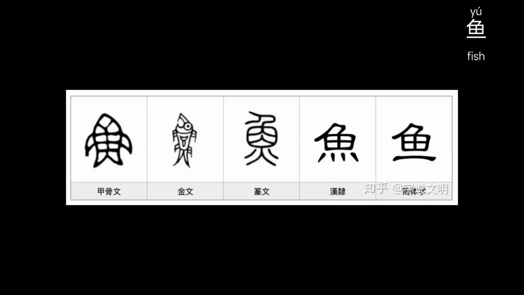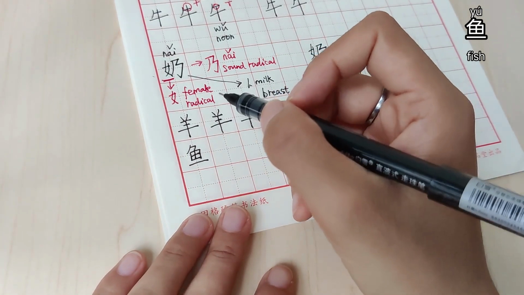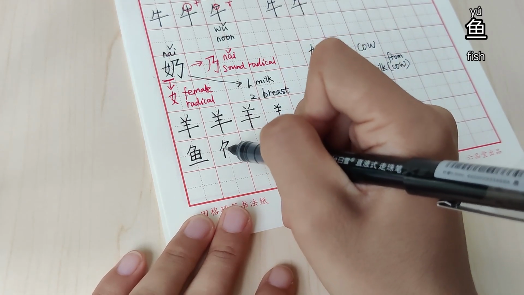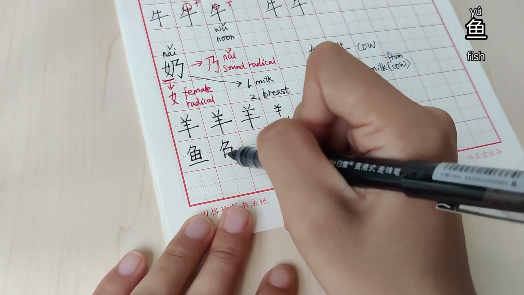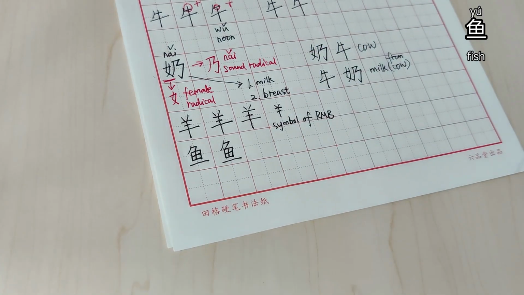So now I'm showing you a picture of the evolution of the hanzi, 鱼. So now let's try to write the 鱼 one more time. We go 1, 2, 3, 4, 5, 6, 7, 8.